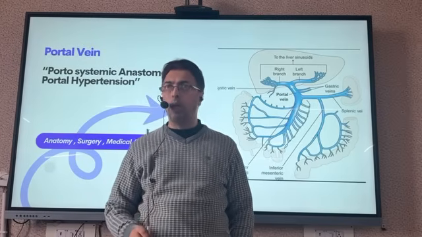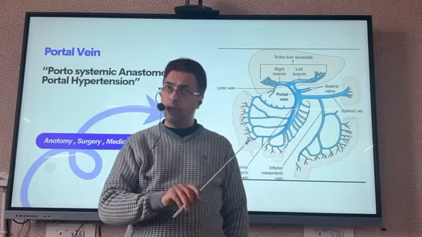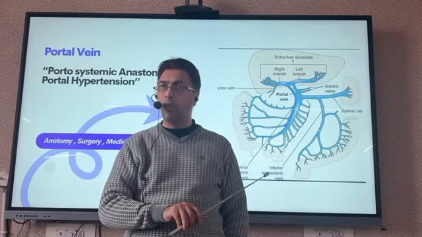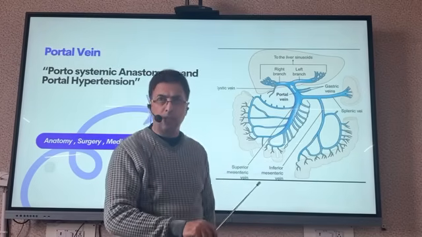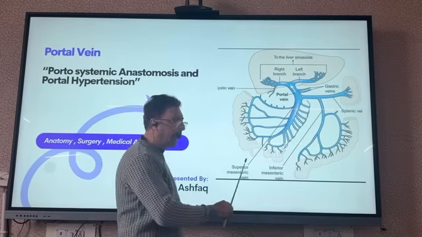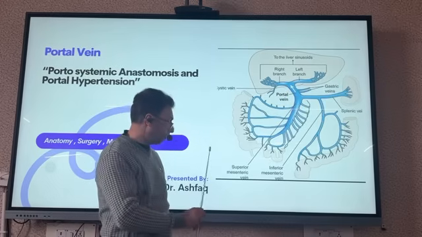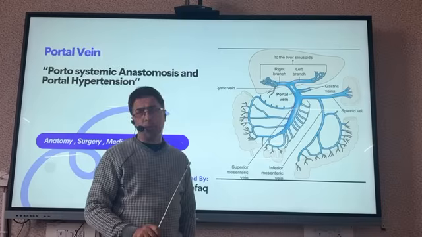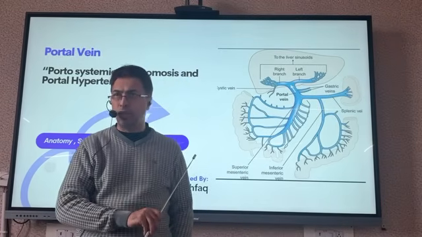Here we are not talking about the arterial supply of the gastrointestinal tract. We are here talking about the venous drainage of the gastrointestinal tract, especially. And you can see how the arrangement of the veins and arteries might differ a bit, because veins sometimes follow a different pattern than the arteries. And this is true of the portal venous system over here.